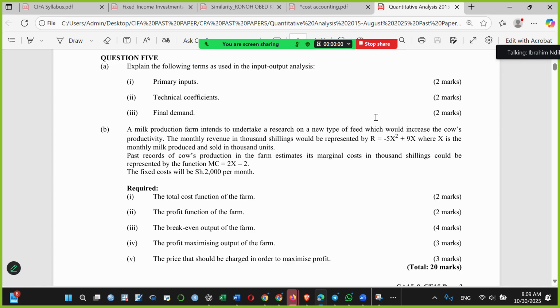Past records of the cow's production in the farm estimate its marginal cost in 1,000 shillings will be represented by the function MC equals 2x minus 2. The fixed cost will be 2,000 per month. But remember, the equation is represented in 1,000.